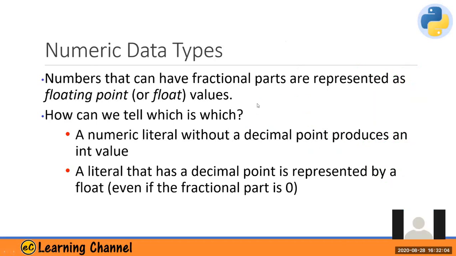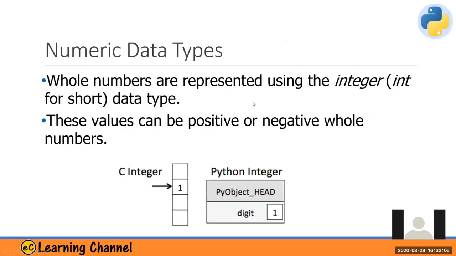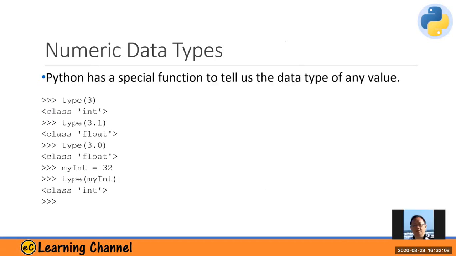Is that okay so far? These are different from the integers. So these are 2 number types. You can do type and print the type.